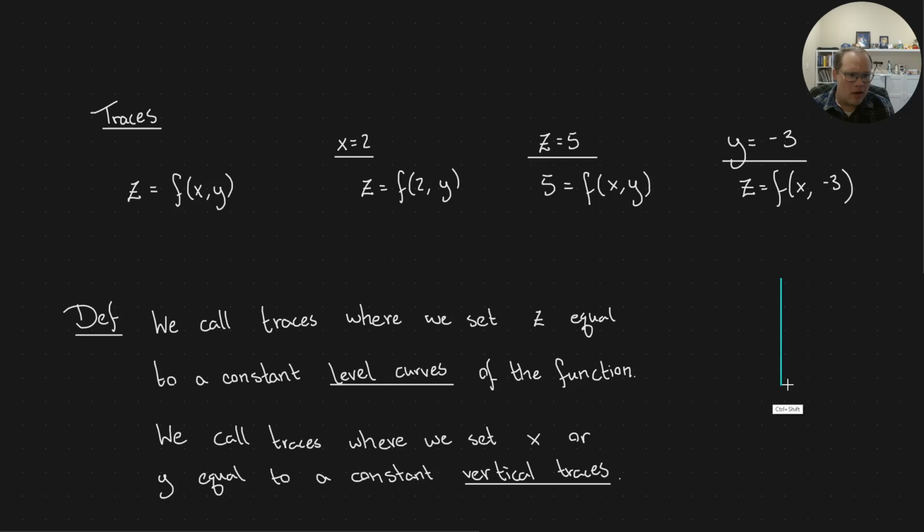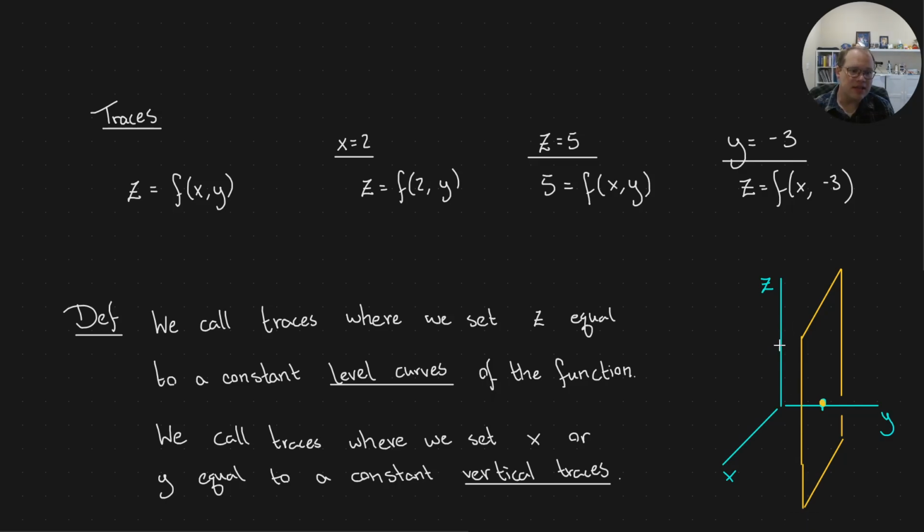Because if you're looking at the intersection of your surface and one of these planes where x is equal to a constant or y is equal to a constant, then the plane would be vertical.